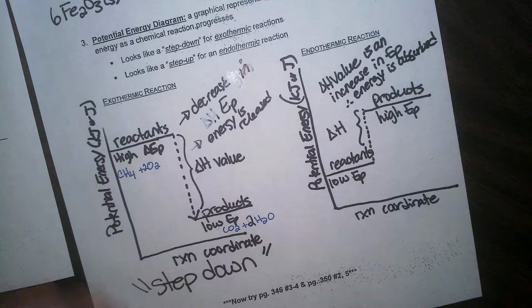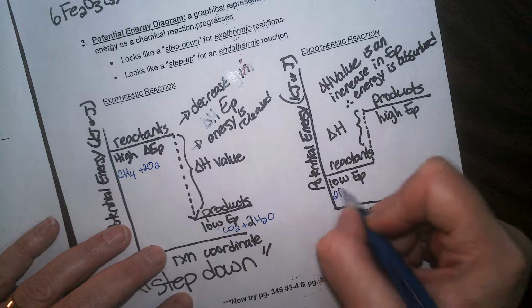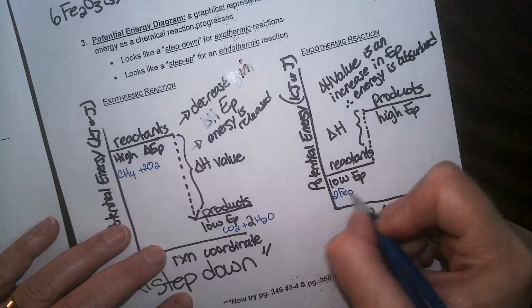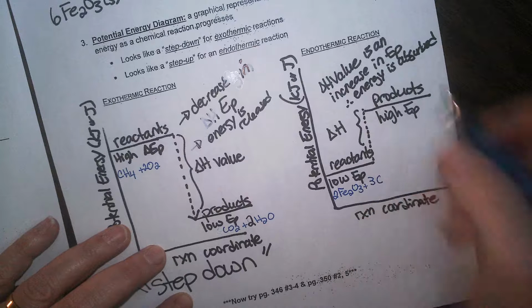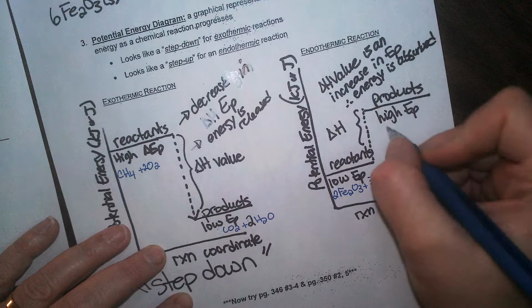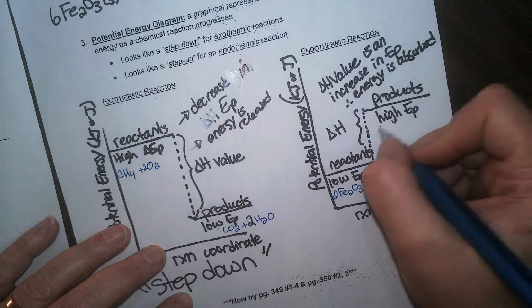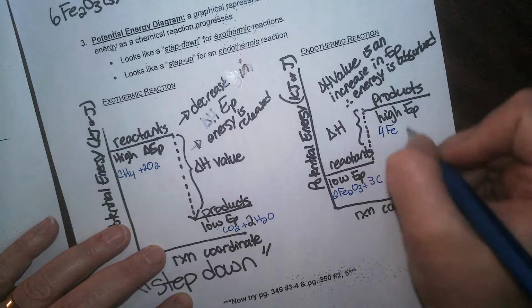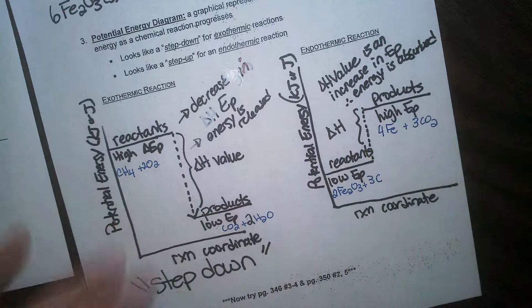And that looks like this. So the reaction coordinate, you just write the reactants under the one side and the products on the other side.